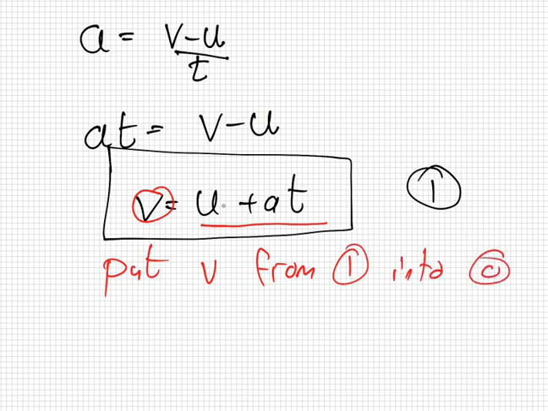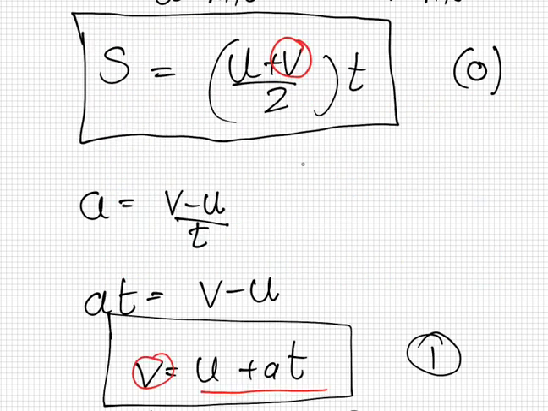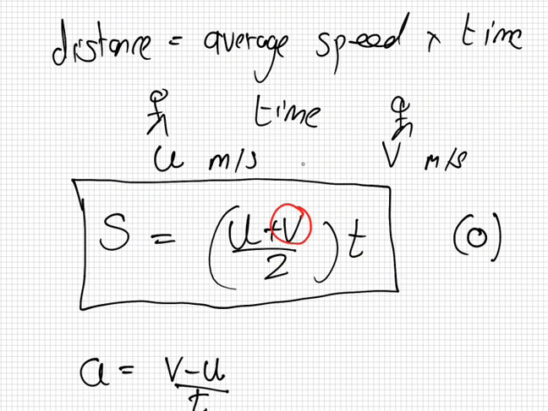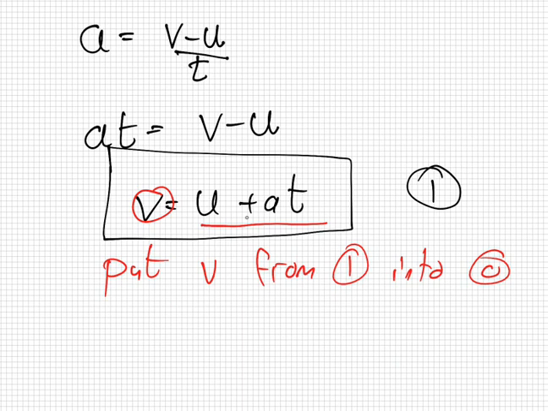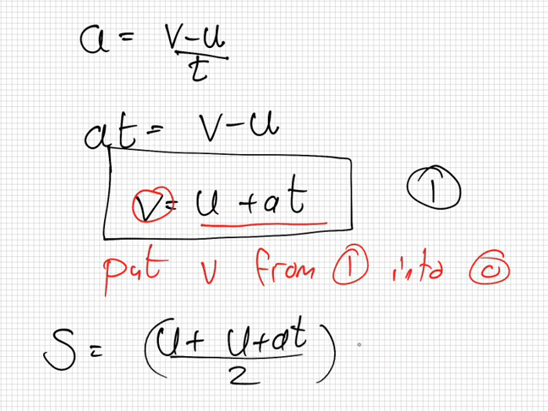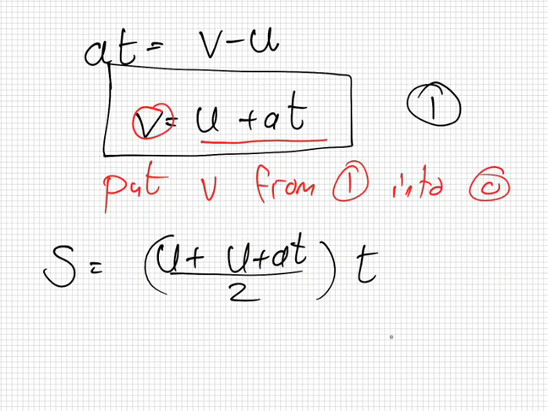So I'm going to take this here and put it into that formula for V. So now I get S equals (U plus V), which is U plus AT, all over 2 times T. You see why I substitute, like we did in math class.